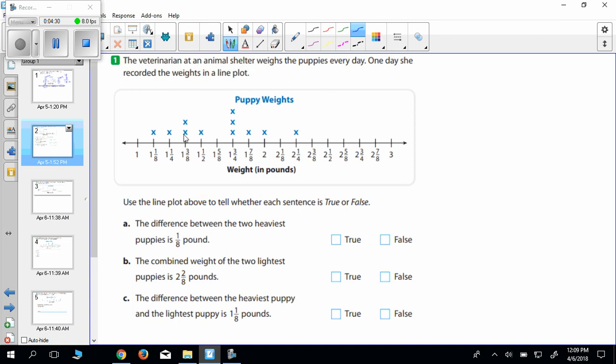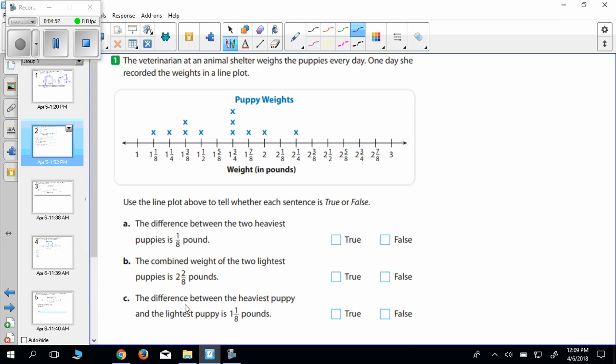So just because we don't have 1 5/8 doesn't mean that we don't still put that there, because it is a number line. Okay, so everything must still be in order. So you cannot skip 1 5/8 and go to 1 7/8, which is also 1 3/4.